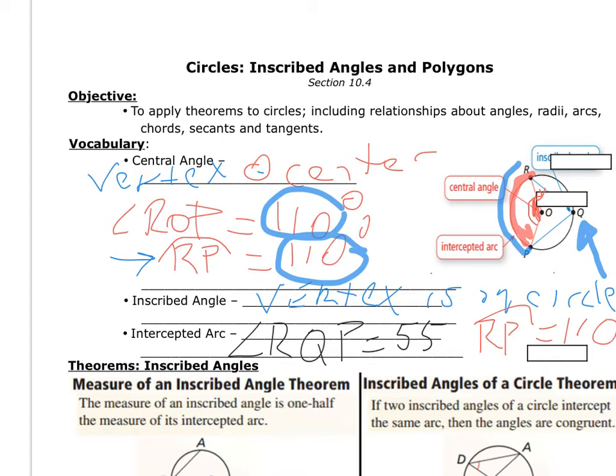So an inscribed angle is equal to half the measure of its intercepted arc.